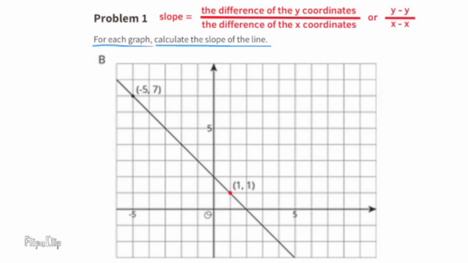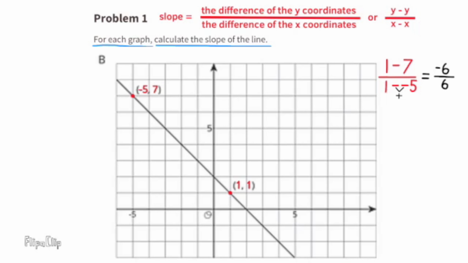Graph B. Let's put a point for the coordinates 1, 1, and a point for the coordinates -5, 7. Y minus y, that would be 1 minus 7, over x minus x, that would be 1 minus a -5. 1 minus 7 is -6, and 1 minus a -5 is the same thing as 1 plus 5. 1 plus 5 is 6.